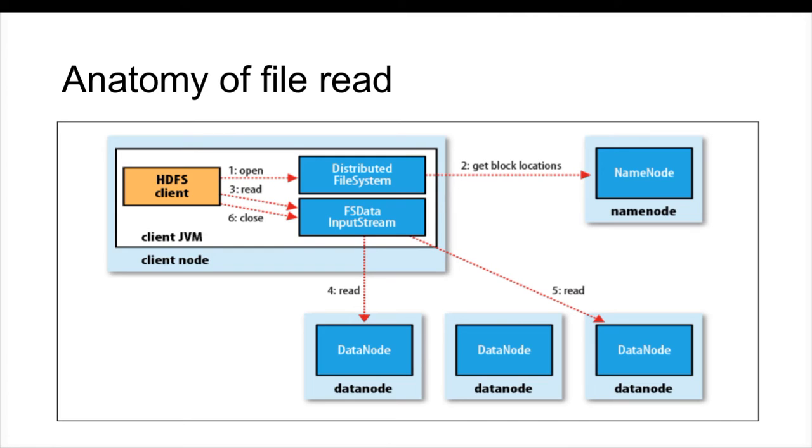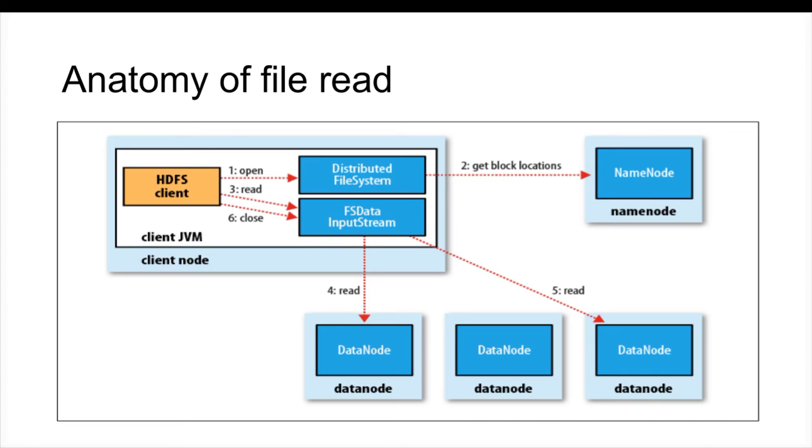So read means trying to read the data from HDFS using -cat command or -get command, etc. And write means writing into HDFS by using -put command or -copyFromLocal command. So first we will talk about read, which means using -cat command or -copyToLocal or -get command.